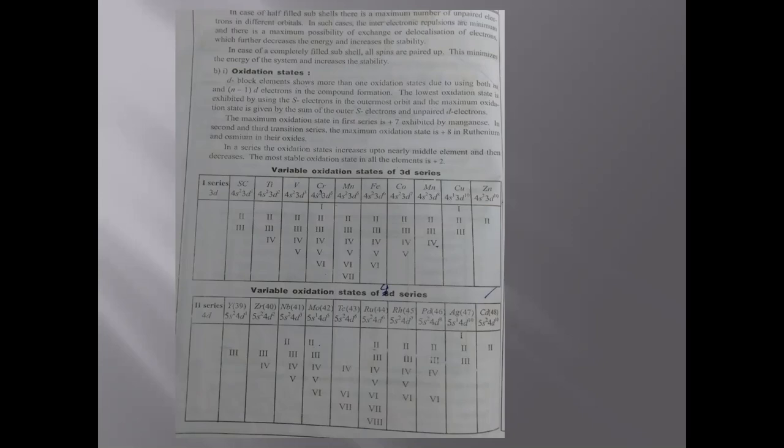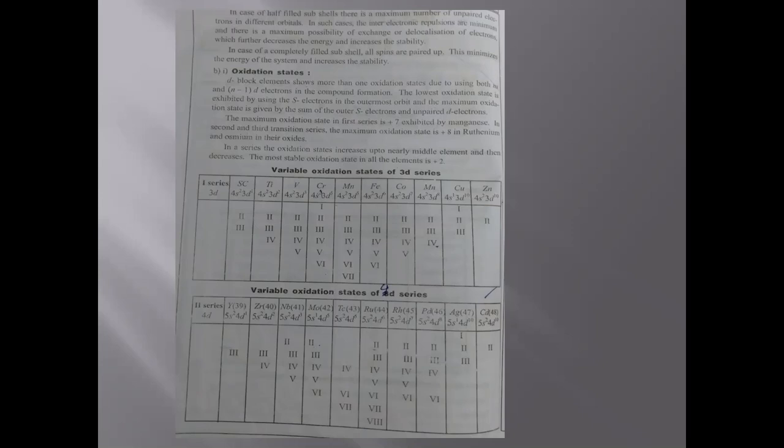In the same way, CoCl3, MnCl2, MnCl5, VO2 and V2O5, all are exhibiting more than one oxidation state, as shown in the figure.